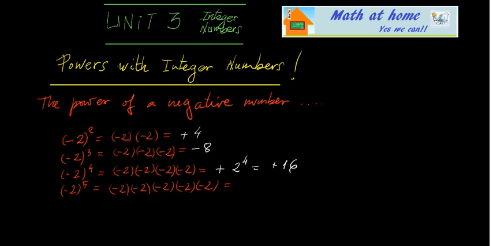And now this one: negative times negative, positive, times negative, negative, times negative, positive, times negative, negative. So now it is negative 2 to the power of 5, which is negative 32.